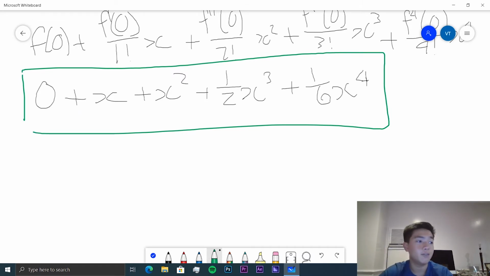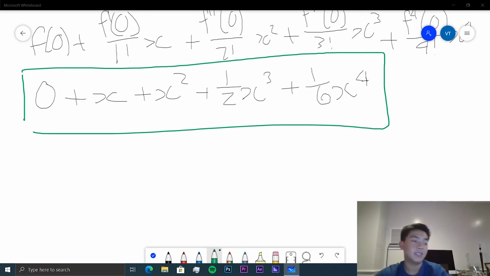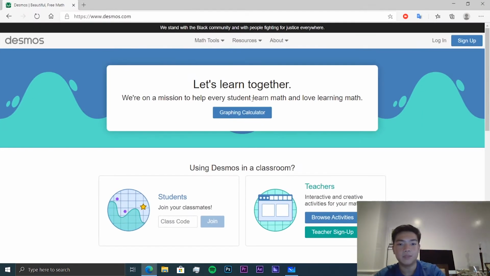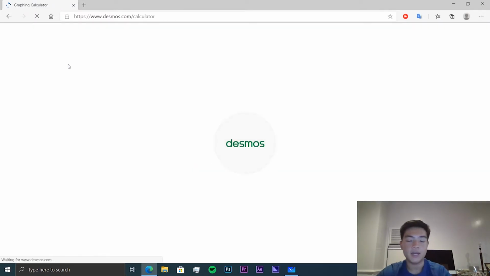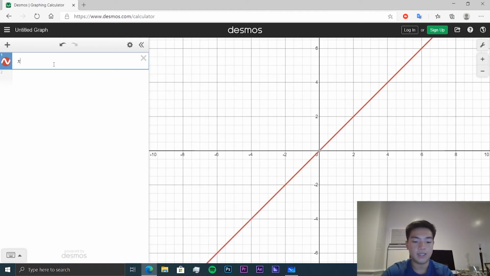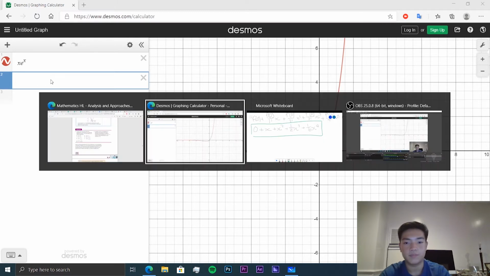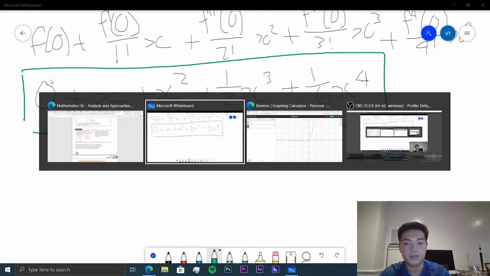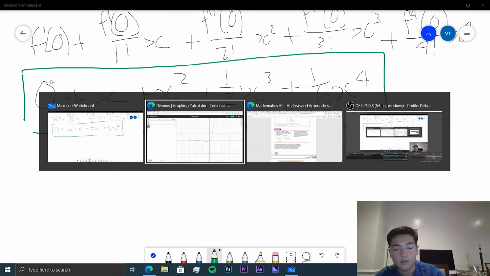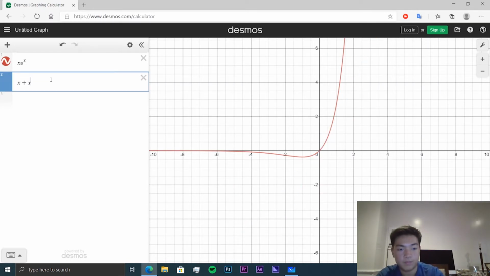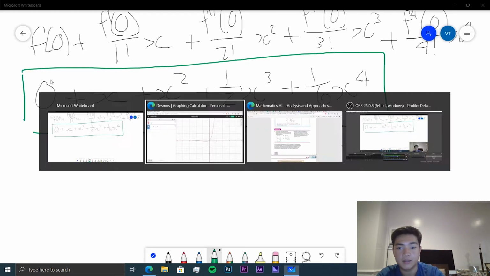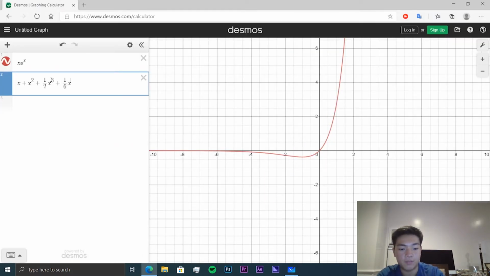So if we want to confirm this graphically, let's look at Desmos. So we have here x e to the x, and then over here we have x plus x squared plus 1/2 x cubed plus 1/6 x to the 4.